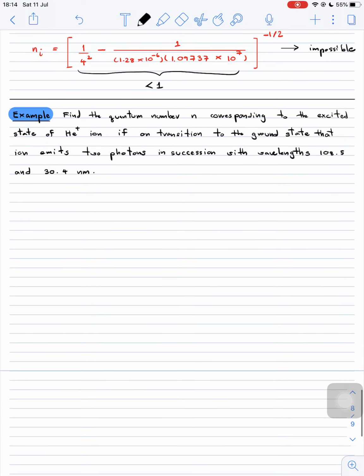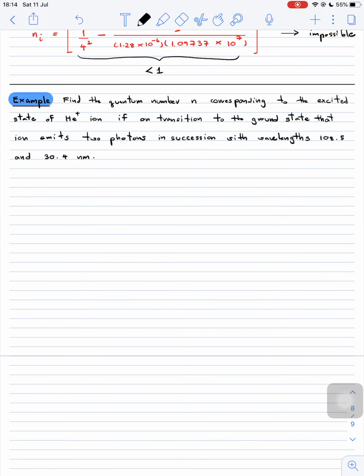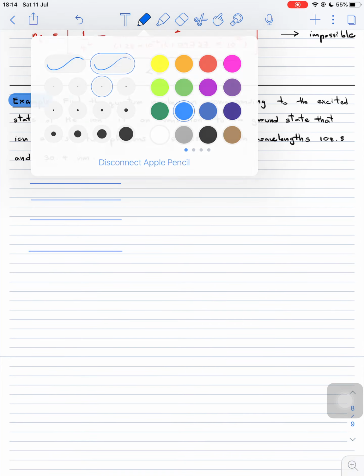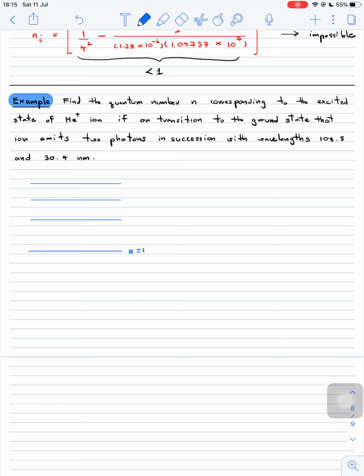Okay, so let's just draw the energy level diagram first. This one is not on the scale. So we have n equal to 1, n equal to 2, n equal to 3, n equal to 4, etc. Right?